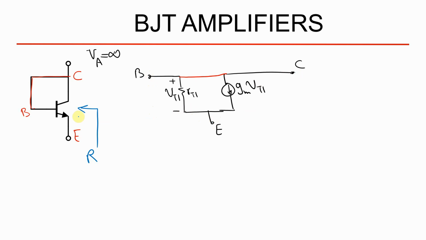So we can simplify this with just a resistor. This is maybe the simplest element in circuits and electronics, just a resistor, because these nodes are just the same. So we have just one node between base and the collector, and the other is emitter.